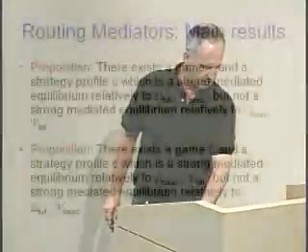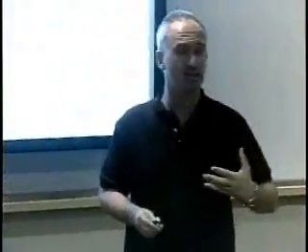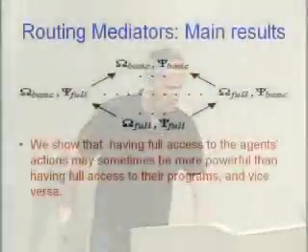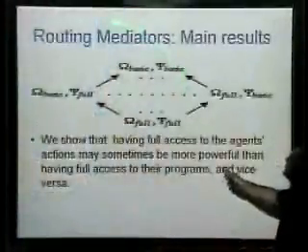So how do I do that? The idea is as follows. We distinguish between two types of information available: information about the realizations of the other agents' actions, whether you can see the actions, and information about the other agents' programs. And basically, we create a whole lattice of mediators. What is written here is the mediator that we discussed before.